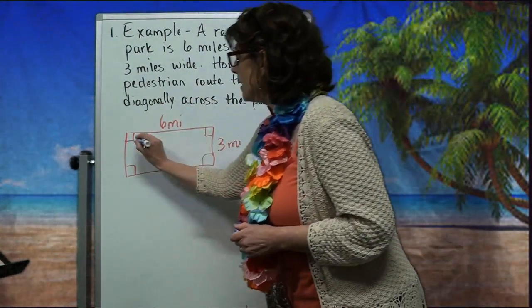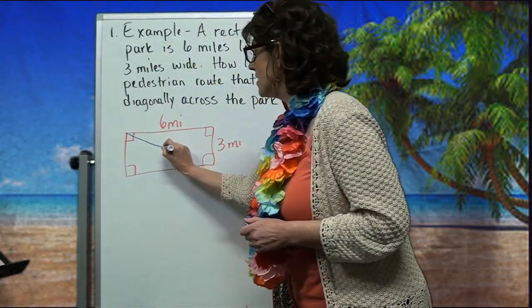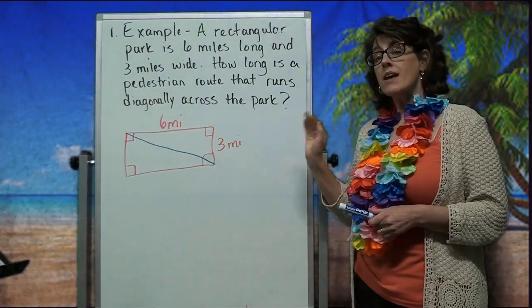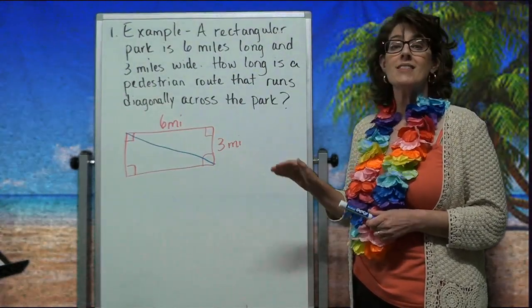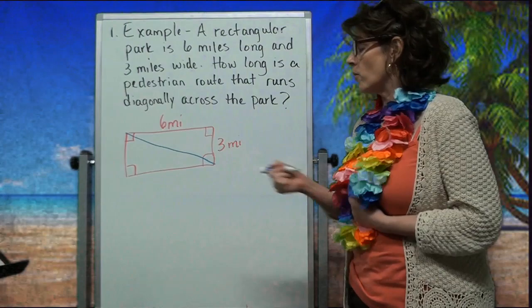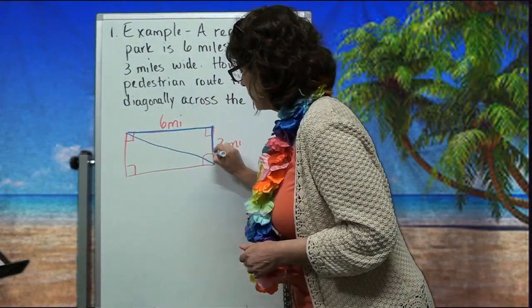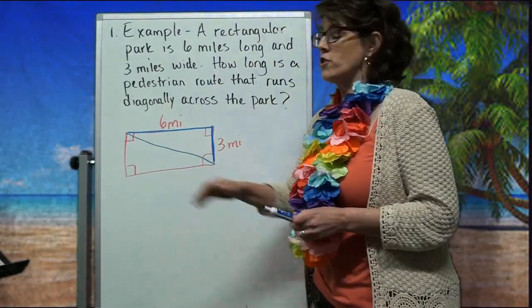So I'm going to have a diagonal that goes like this, running through that park. Once I throw that diagonal in there, you can see that I have now created a right triangle. I can either look at the right triangle up here on the top, or I can look at the right triangle down at the bottom.